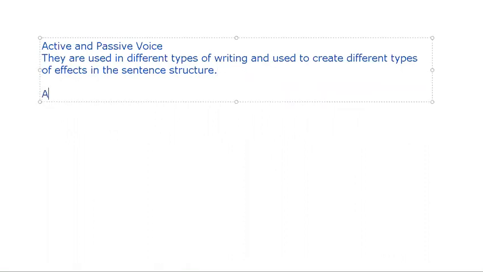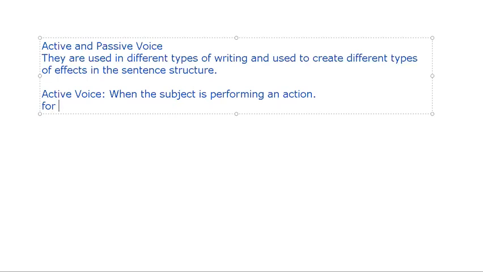So firstly, I want to talk about the active voice. What this does is, this is used when the subject is performing an action. For example, let's say Jill threw the ball.